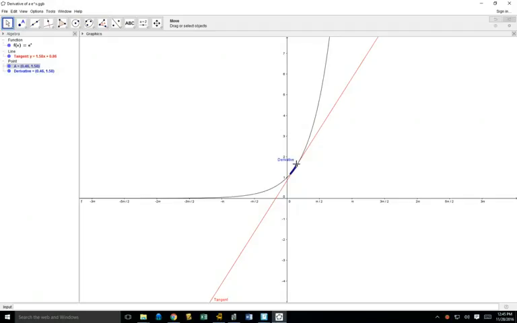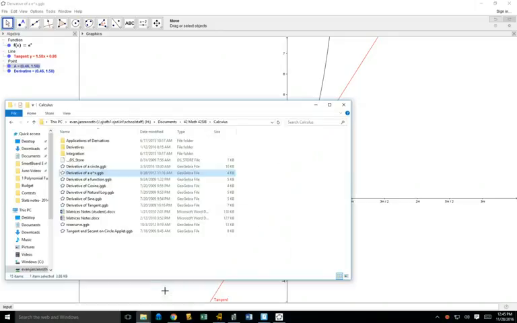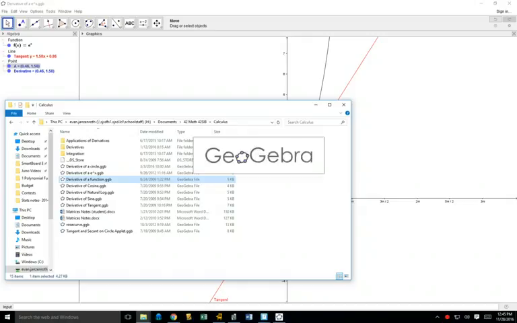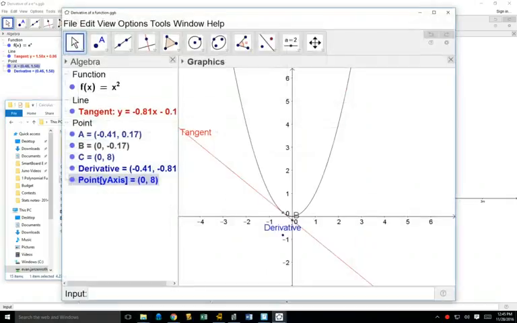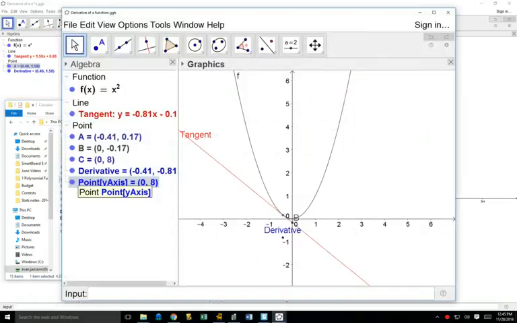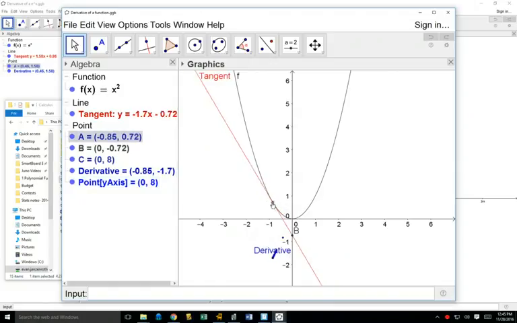Here, I'll show you another one that you already know just so you can see how this applet works a little bit better. Let's open that one up. Let's just do a parabola. If you had x squared and I did all the tangents, what's the derivative of x squared? 2x. So when I drag this point along, it should draw a graph, and that graph should look like 2x. We'll see if that actually works.